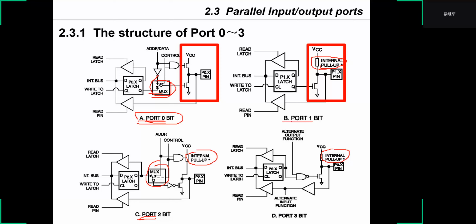So if you want to use port 0, you need to add pull-up resistors. This is the difference between port 0 and ports 1, 2, 3.